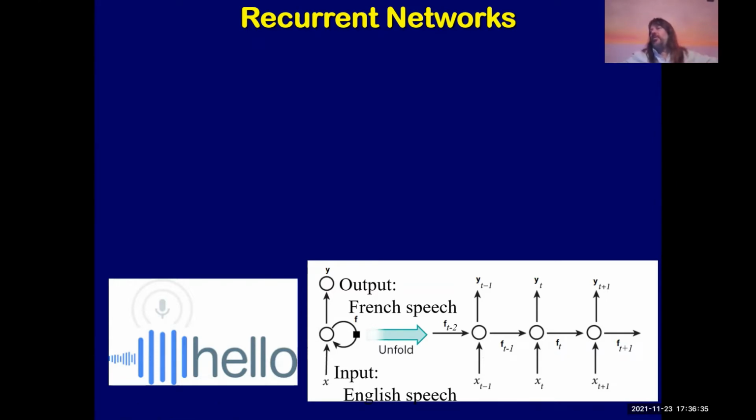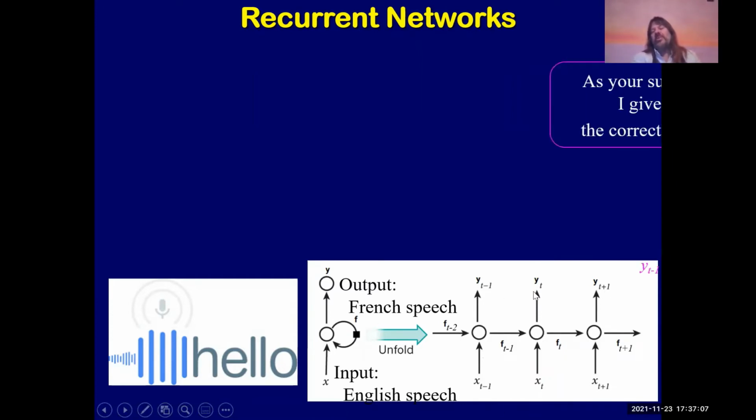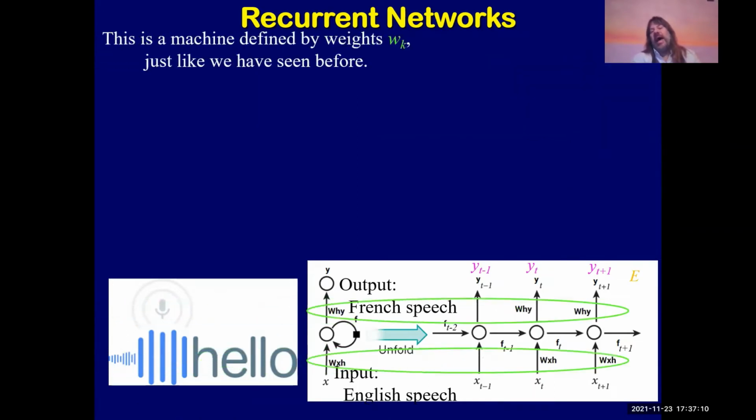Or at least it's going to unwind for the length of time that output is being produced. So I think in terms of thinking about the machine, you think about it as the unwound machine, right? And then it doesn't have any cycles. And so it's just learning, given the input output pairs, how do you learn those weights, right?